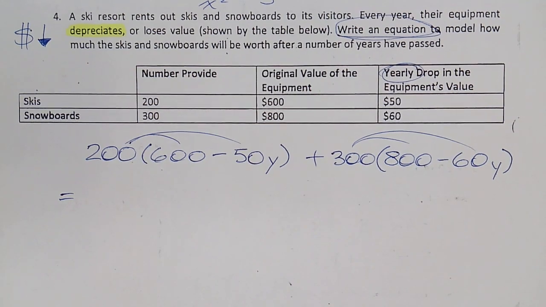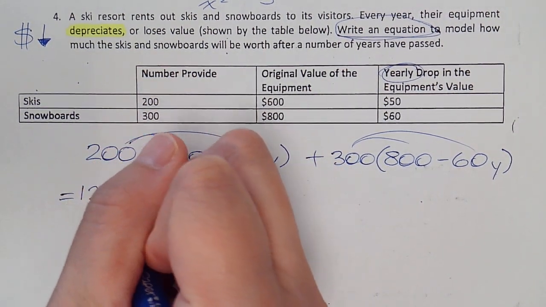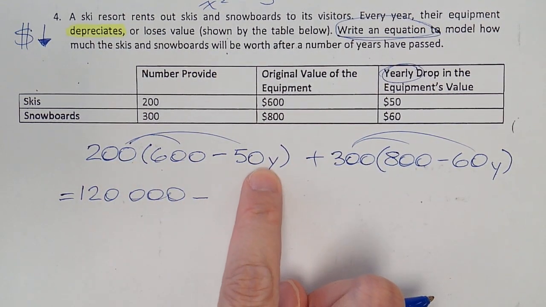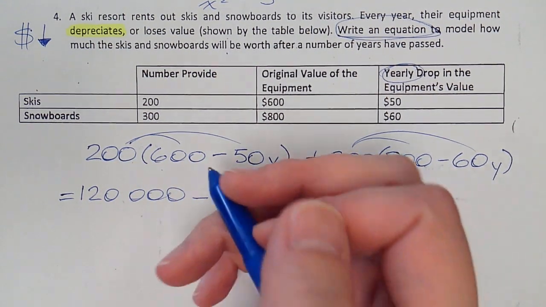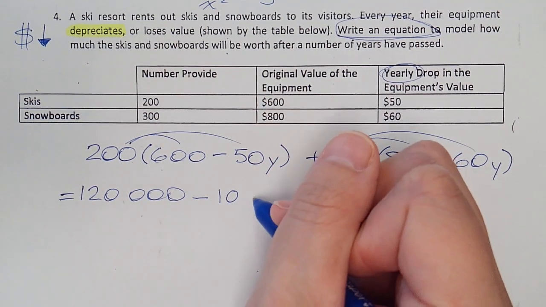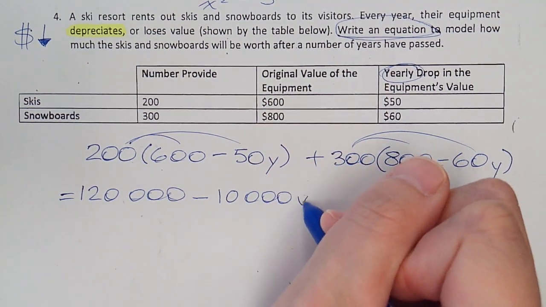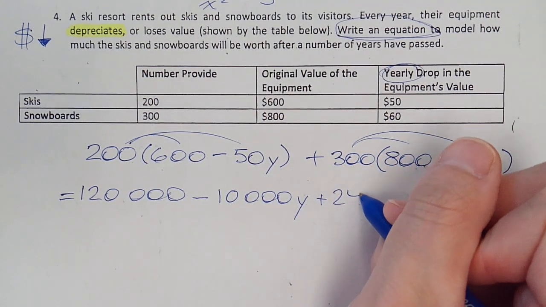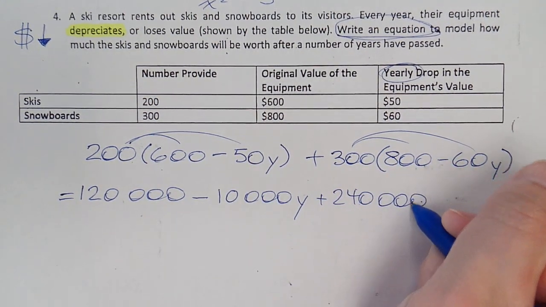So 200 times 600, you get 120,000. 200 times negative 50y, you get minus 10,000y. 300 times 800, 240,000.